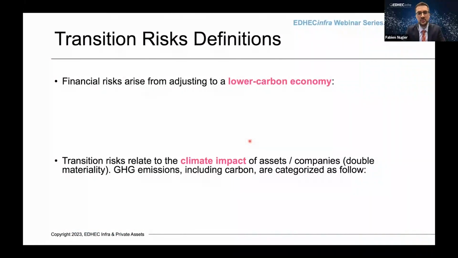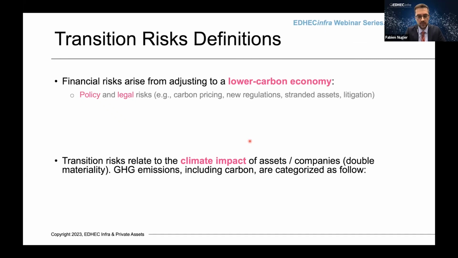So transition risk is the set of financial risks which arise from adjusting to a lower carbon economy. And so it contains policy and legal risk, such as the effect of carbon pricing, new regulations, which can lead to some assets to be stranded, and possible litigations. It contains also technological risk, such as disruption from new technologies that use less carbon, or potentially failures of some of these technologies as well.